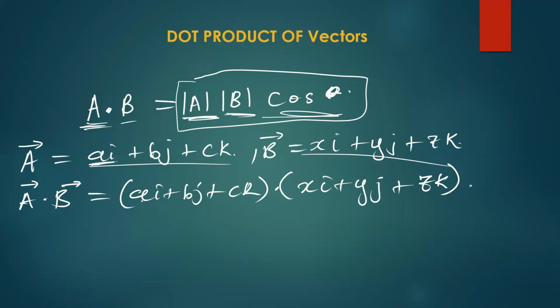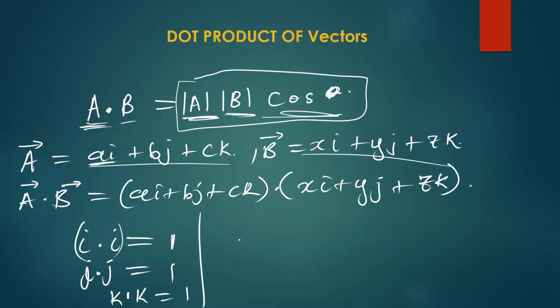But as you are multiplying, you have to keep in mind that I dot I is going to be what? 1. So wherever you have I dot I, J dot J, this is also 1. Where you have K dot K, this is also 1. But whenever you have I dot J, this one you always have to replace with 0. I dot K is 0.